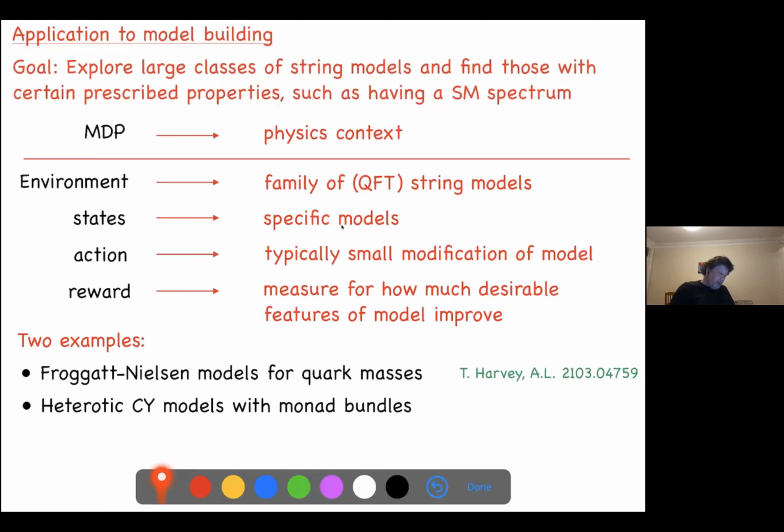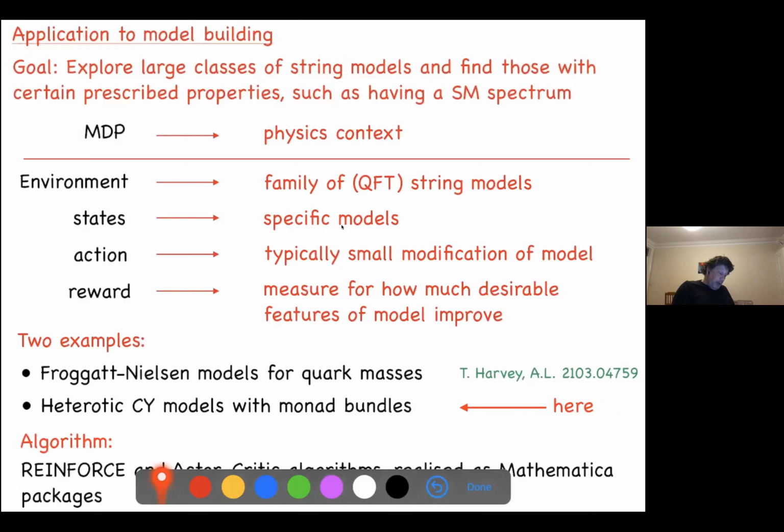So here I'll be focusing on the second one, which is heterotic Calabi-Yau models, monad bundles. There are various flavors of reinforcement learning. We have two realizations, one a very basic REINFORCE, the other one an actor critic, and they're realized in Mathematica.